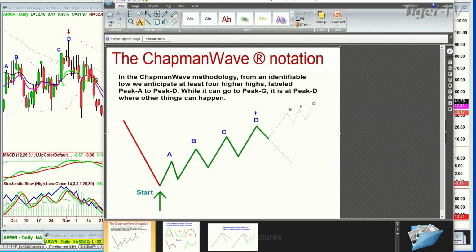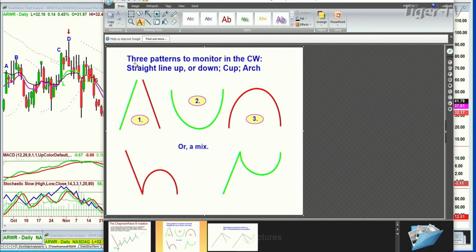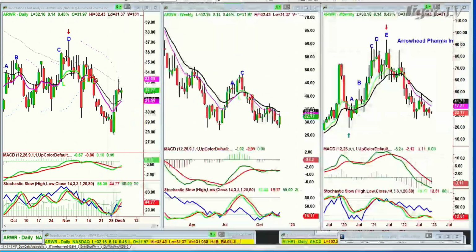And then within that context, I look at basically straight line up, straight line down, cup formation, arch formation, and a combination of 1 and 2 and 1 and 3. Here's 1 and 3, called the dreaded H. If it takes out the left side low, it can go even lower. And on the right side is the reverse Y, because if you take out the left side high, it can go higher. Basically, that's it.